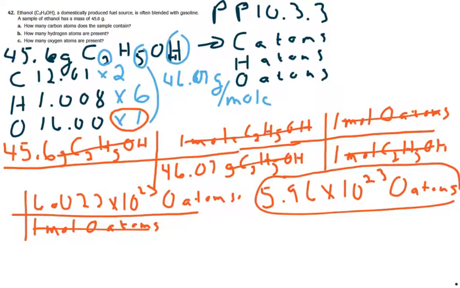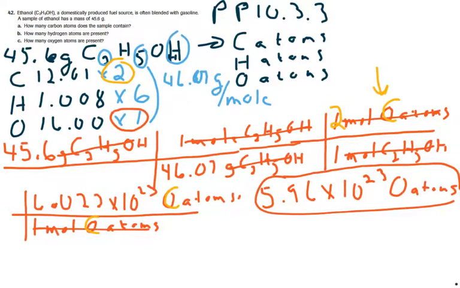We're just going to go to carbon atoms now. So for carbon atoms, instead of 1, we got 2 carbon atoms. So the first part of the problem stays the same. But when we get down to this part right here, instead of in 1 mole of ethanol we have 1 mole of oxygen atoms, we have 2 moles of carbon atoms. And in 1 mole of carbon atoms there is 6.022 times 10 to the 23rd carbon atoms.